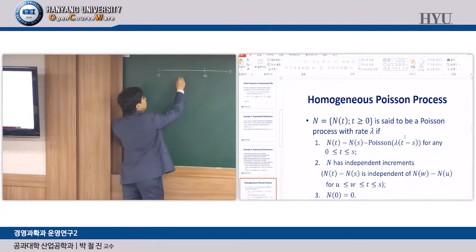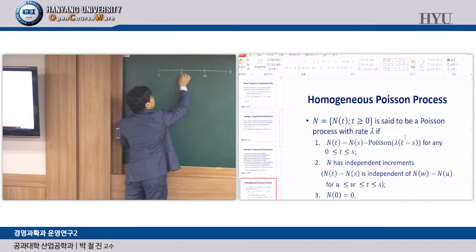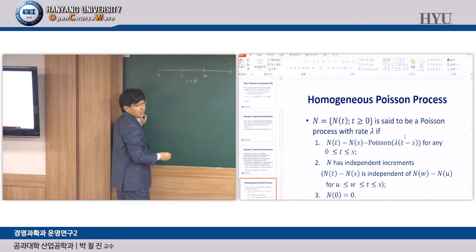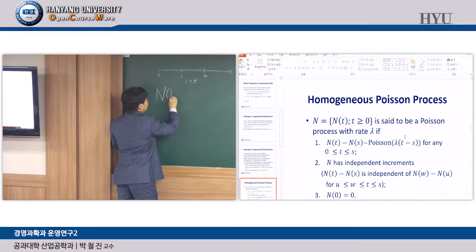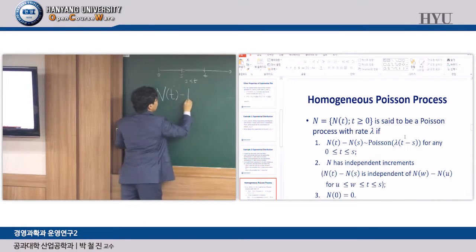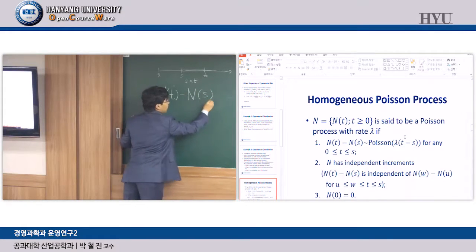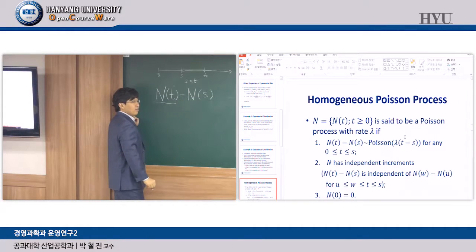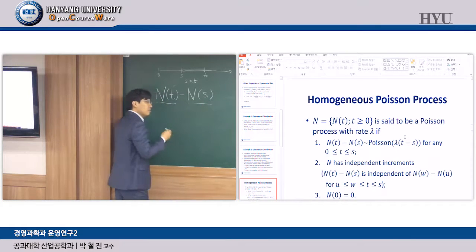But if we consider the number of events from s to t, where s is less than t, then that might be the same as N of t minus N of s: the number of events occurring from 0 to t minus the number of events occurring from 0 to s.